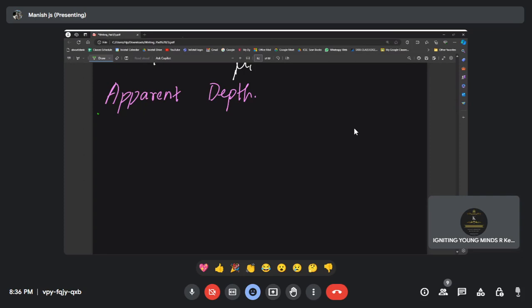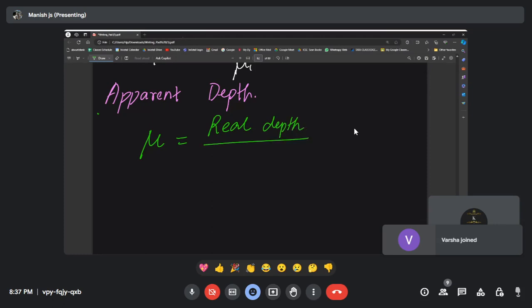Here there is a relation, children. Refractive index mu is the ratio of real depth upon apparent depth. This is the formula that relates refractive index, real and apparent depth.